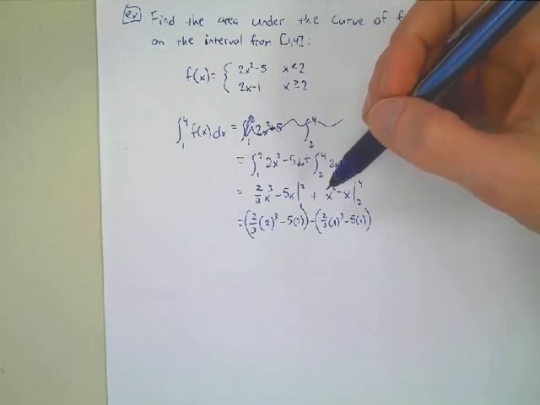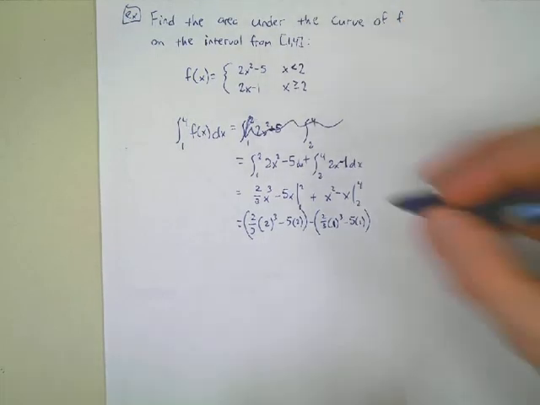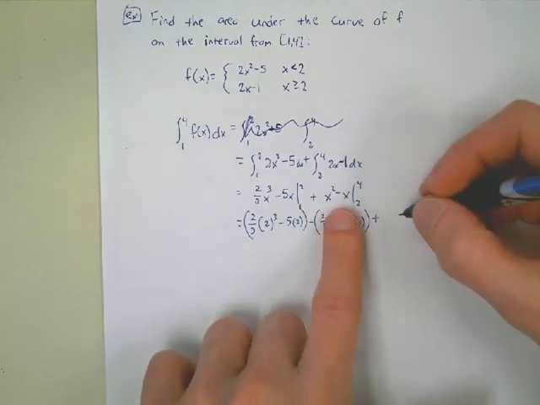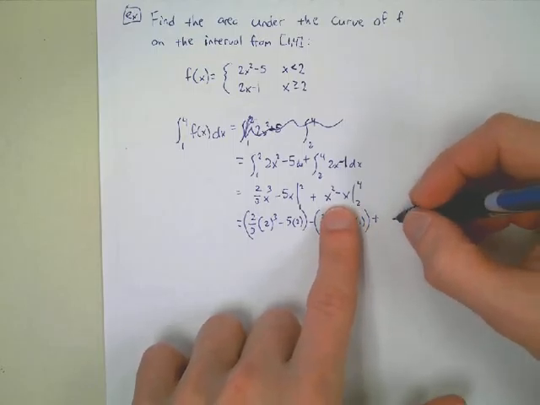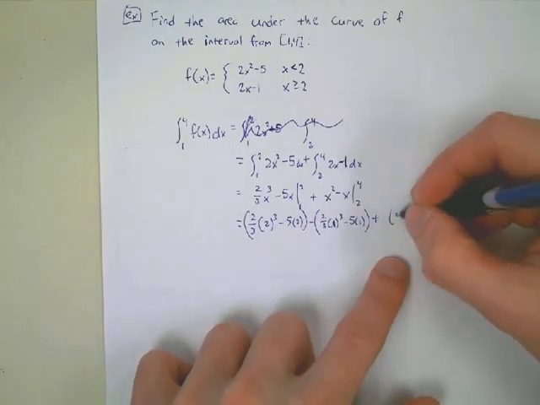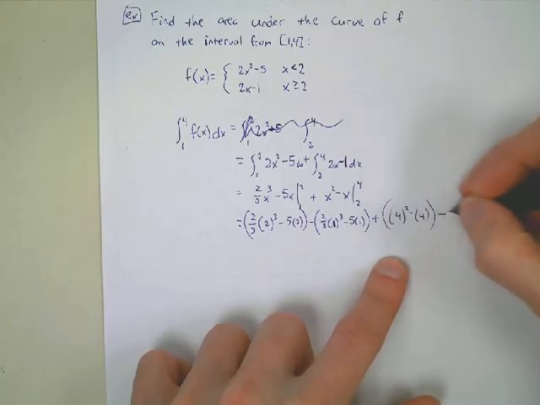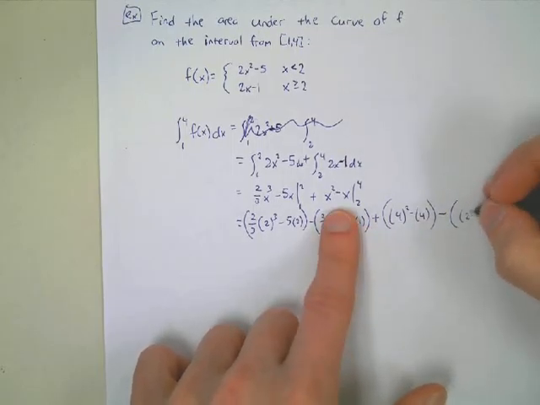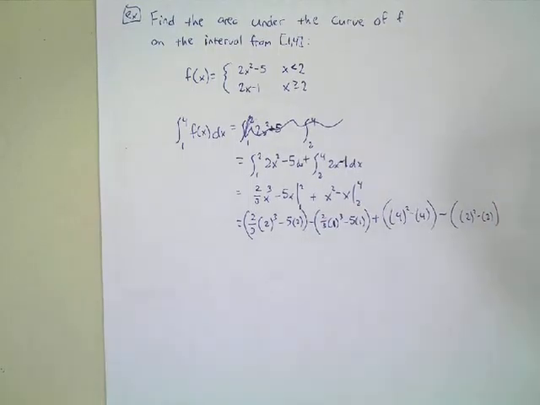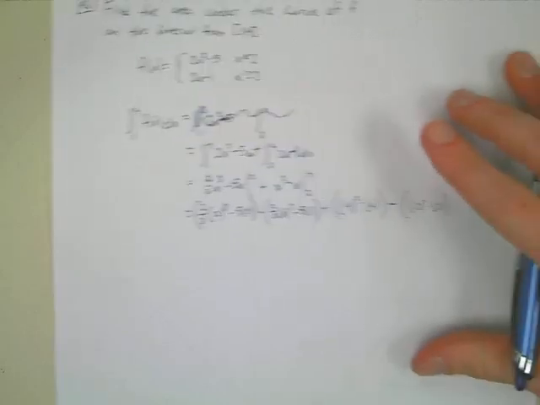And then we're going to integrate that second one there too. So plus, and then the evaluated antiderivative here, 4 squared minus 4, minus 2 squared minus 2. So there it is. Now again, if this were a free response question, you're done.